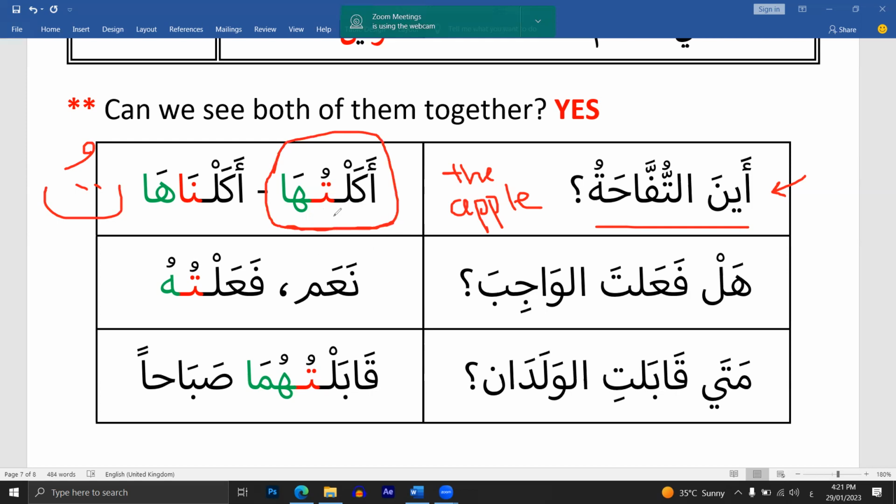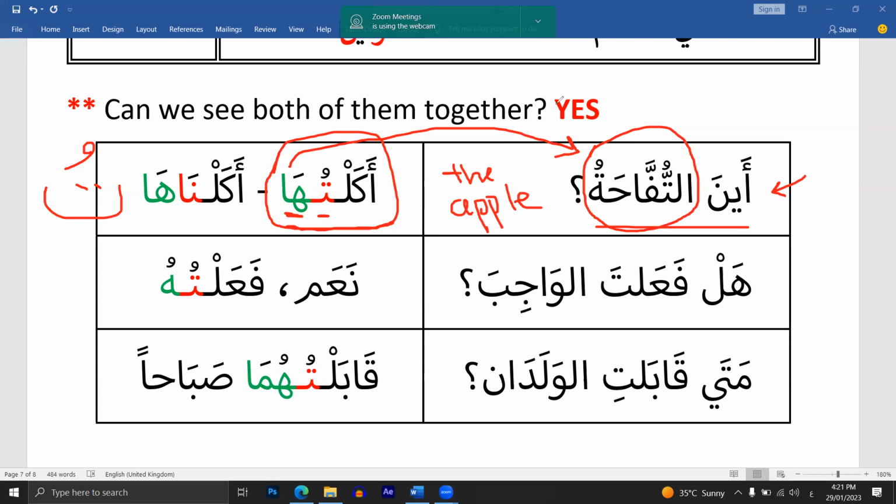I put the subjective pronoun in red color and the objective pronoun in green because we already have the apple here. And this pronoun here is reflecting the apple.